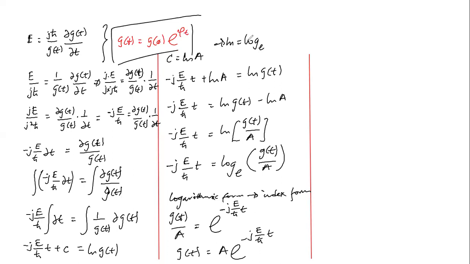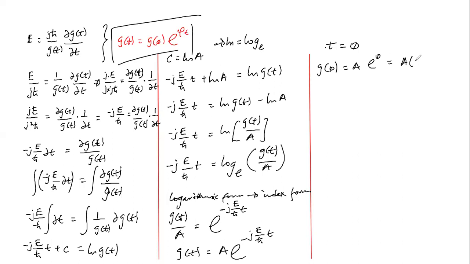Okay? Now, but what is A? So we need to resolve the value of A. We can't just assume it. So now, if we consider the initial boundary condition, that is at t equal to 0, then we have g(0) is the same as A e^0, so this expression reduces to e^0.